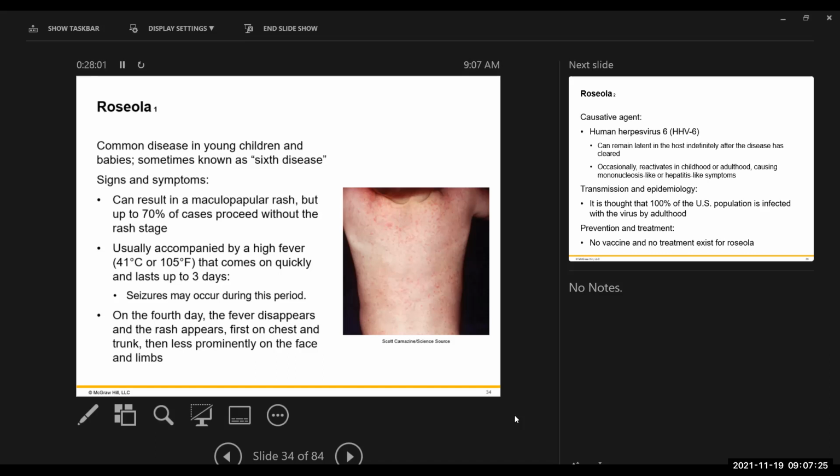Treatment is supportive, but if the patient is immunocompromised, there is a drug you can use called ganciclovir. Most kids won't need it.